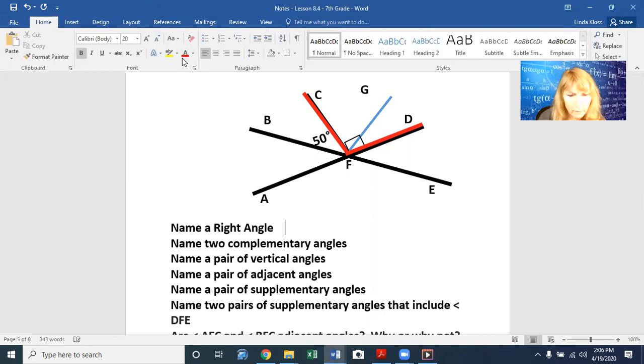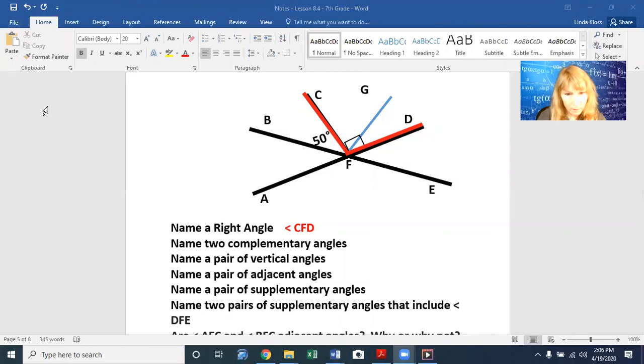There we go. Red. Okay, so that is angle CFD. Remember the F, the vertex, is always the center letter when you're naming angles. So name a right angle, angle CFD.